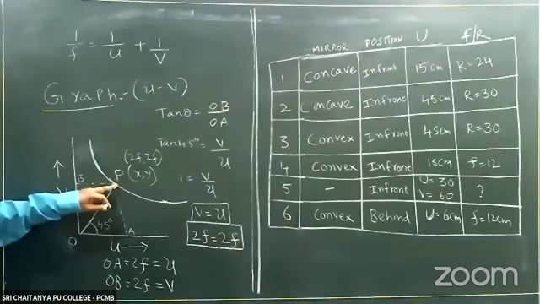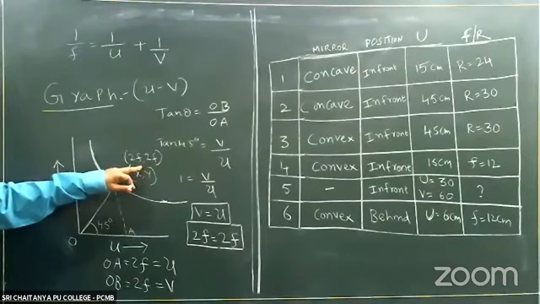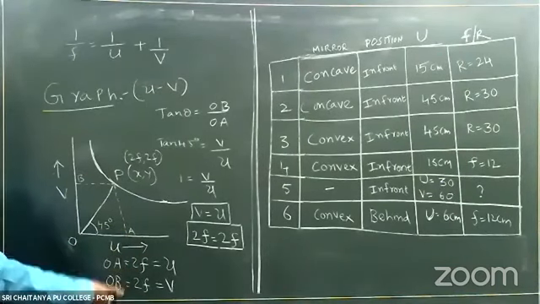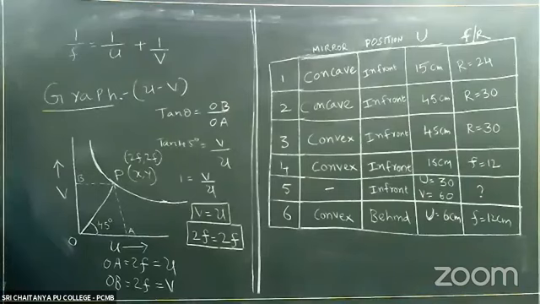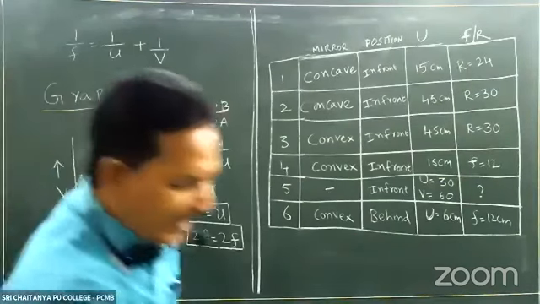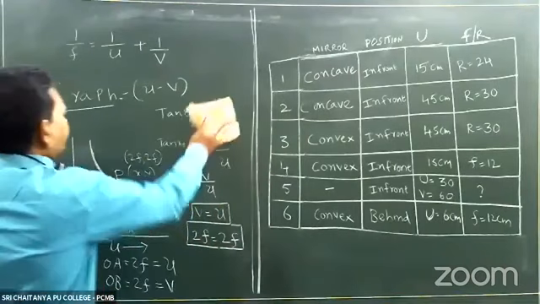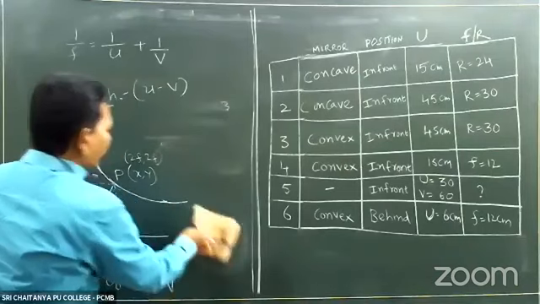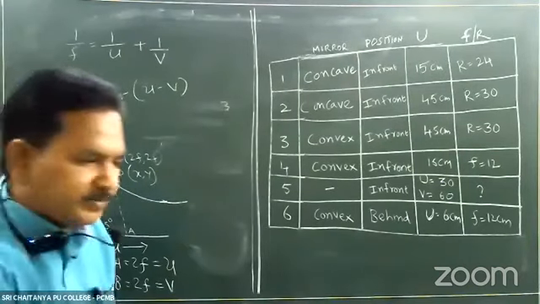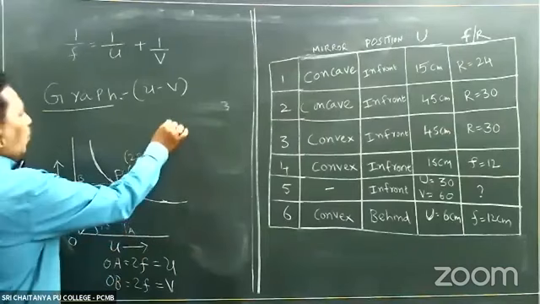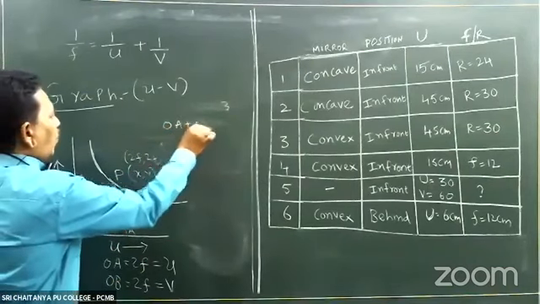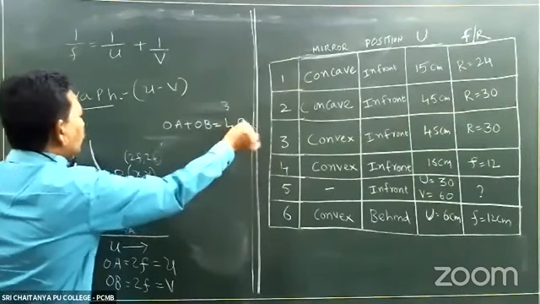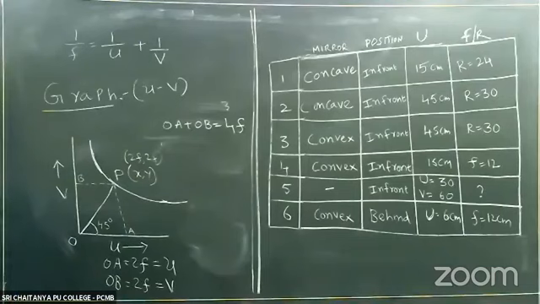So P coordinates are 2f comma 2f, which means OA value is 2f, OB value is also equal to 2f. Now from these values we can calculate the focal length of the mirror. From the graph it is very clear that OA plus OB is equal to 2f plus 2f, which is 4f.